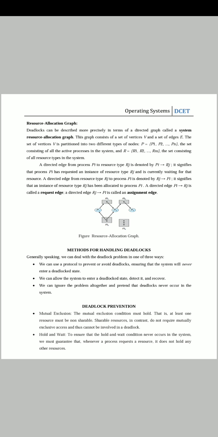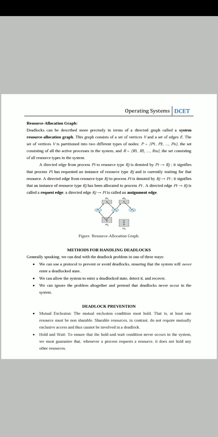What is the meaning of request edge and assignment edge? You may ask a question on this also. If a process is requesting any particular resource, that leads to a request edge.